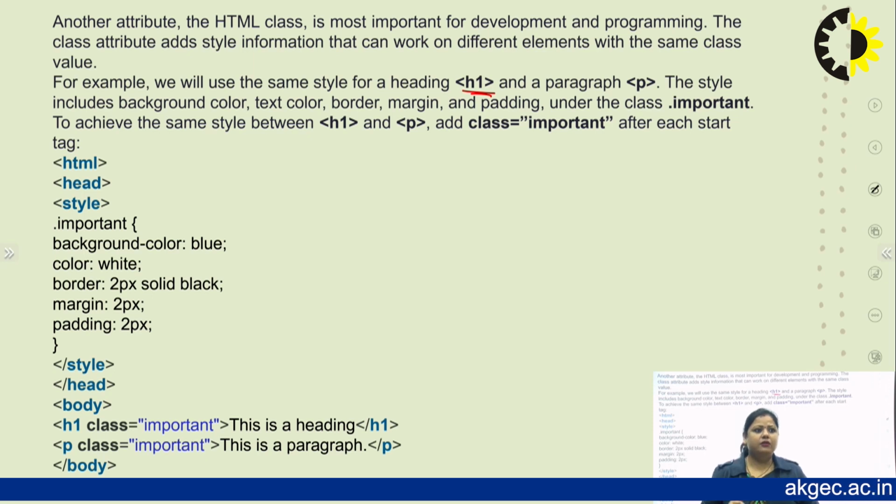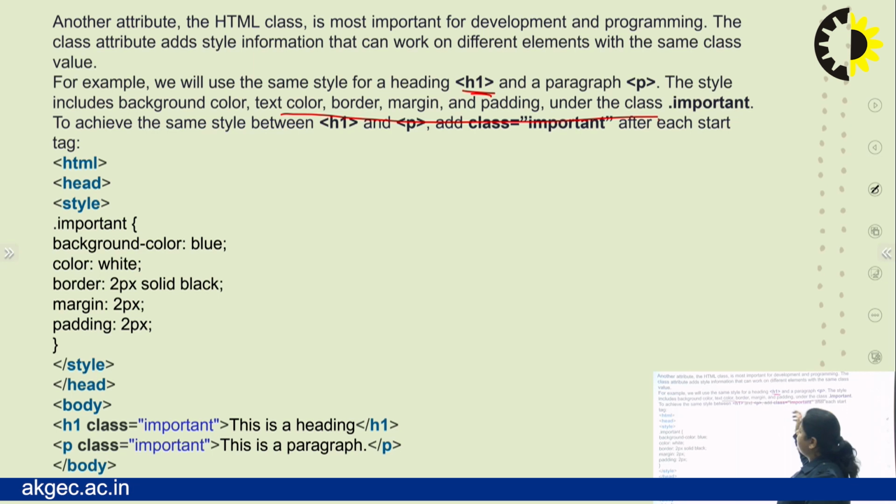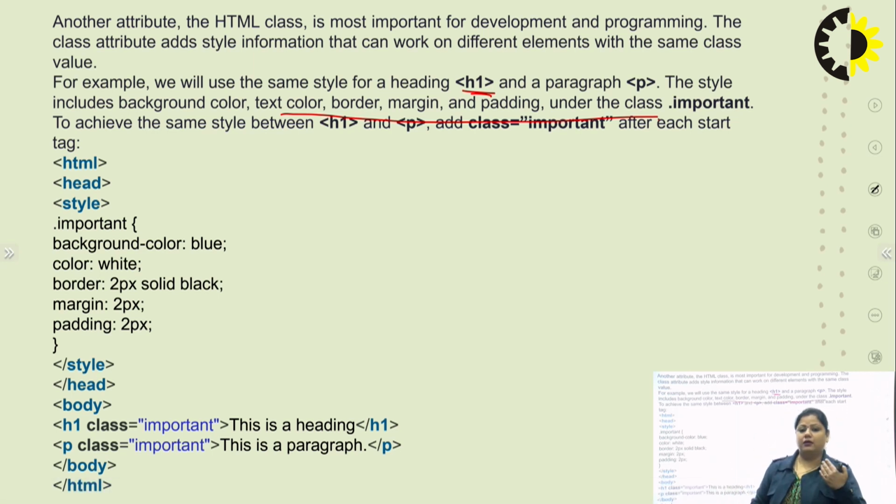The style includes background color, text color, border, margin, padding, under the class dot important. So these are some extra styles by which we can modify and make our page more attractive.